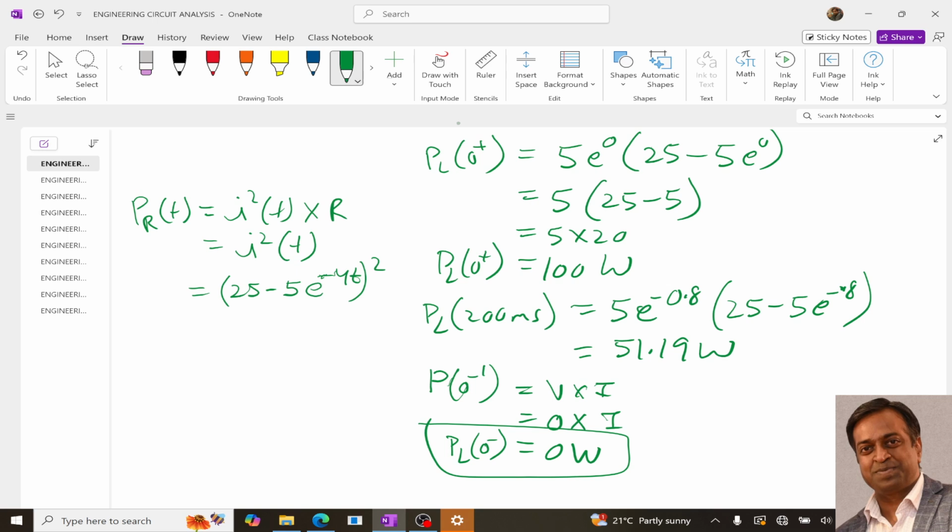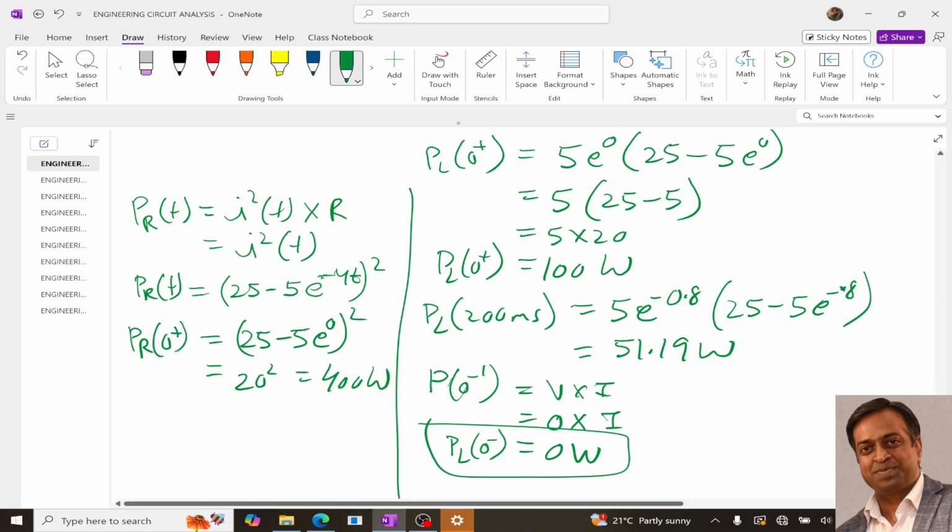So this is our p_R(t). Substituting the value of t as 0 for 0 plus, we get 25 minus 5 e power 0 whole square. So it is 20 square, so it is 400 watt.